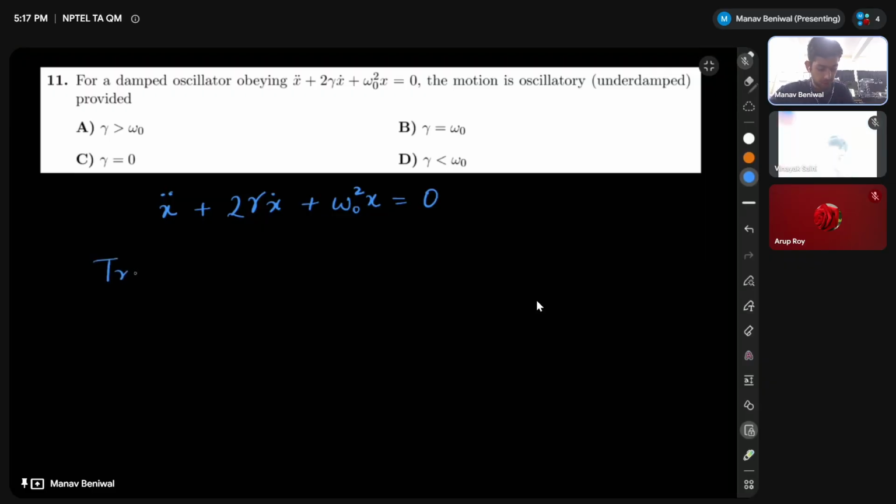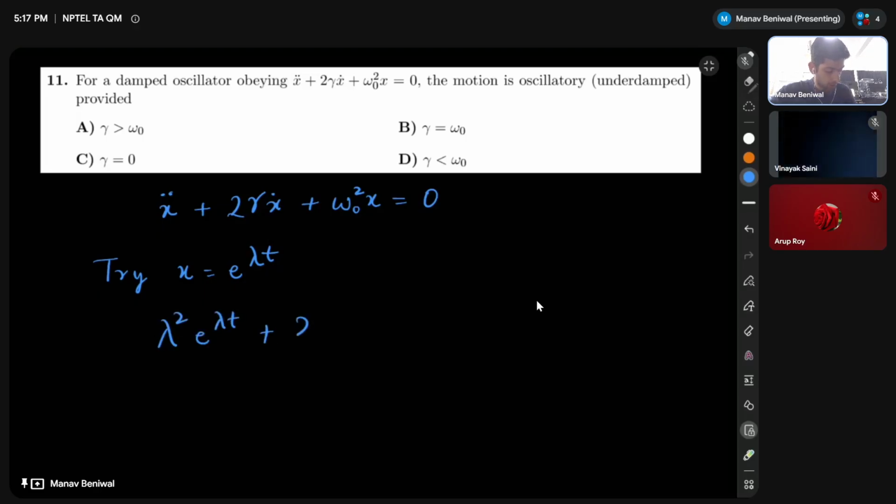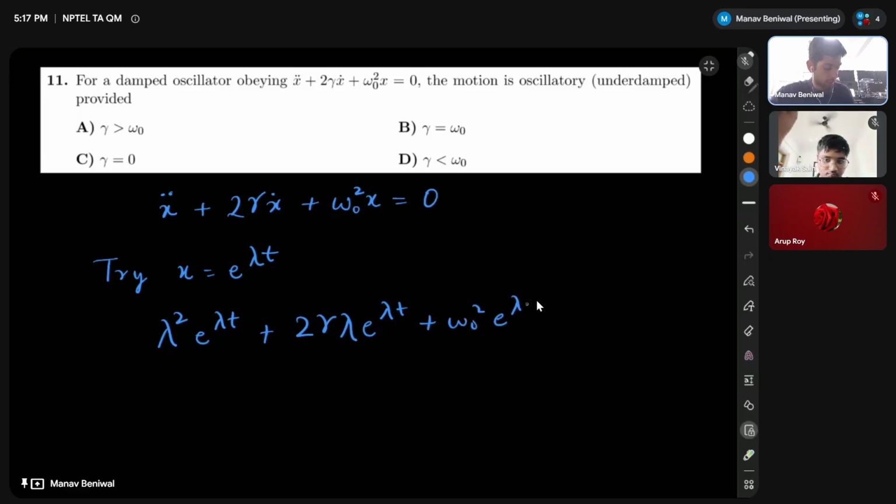So to begin with, let us try an exponential function, e to the power lambda t. Let's try this out. The second derivative will give me lambda squared e to the lambda t, plus 2 gamma lambda e to the lambda t, and omega naught squared e to the lambda t equals 0.